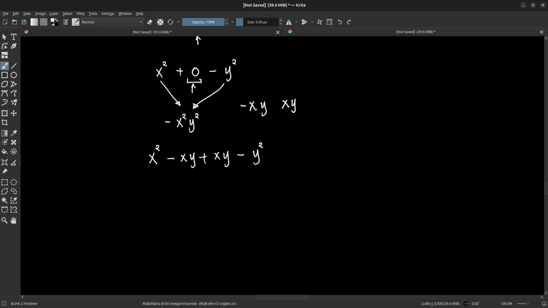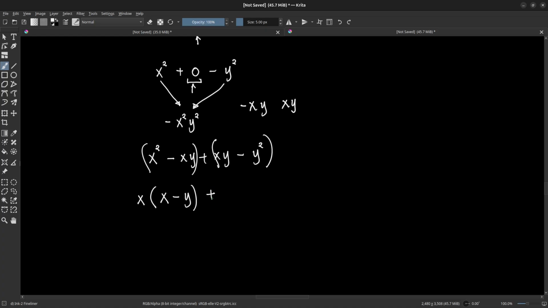In the first pair, the common factor is x. So we factor out that x: x squared divided by x gives us x, then minus xy divided by x gives us y.